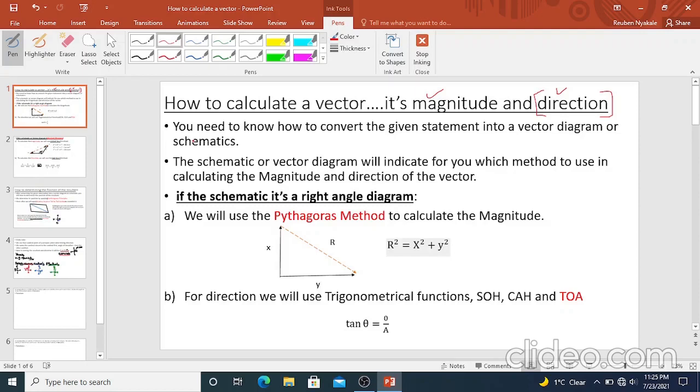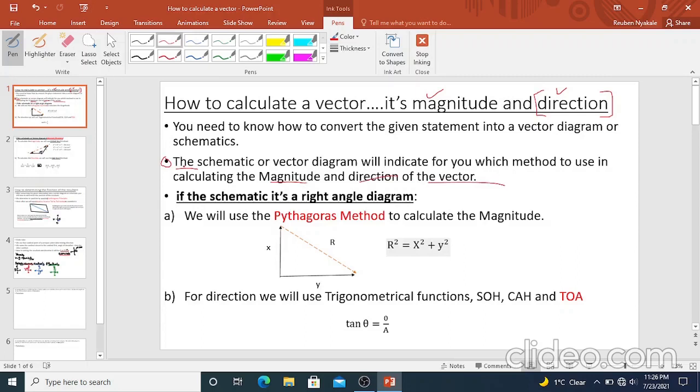Now you need to convert that statement to a schematic or a vector diagram. Then the schematic or the vector diagram will indicate for you which method to use in calculating the magnitude and the direction of the vector.